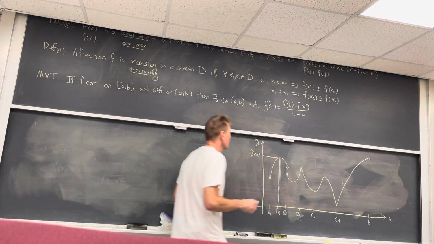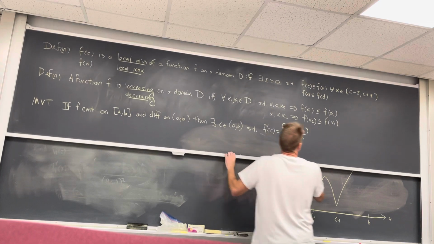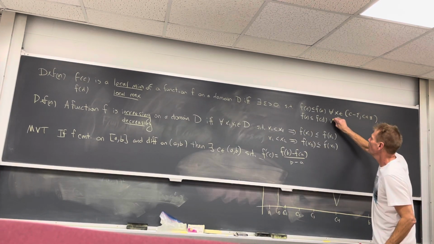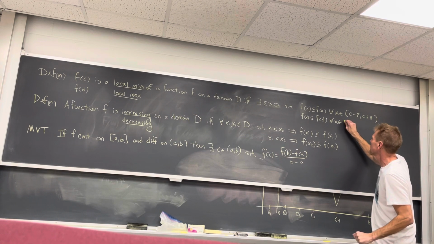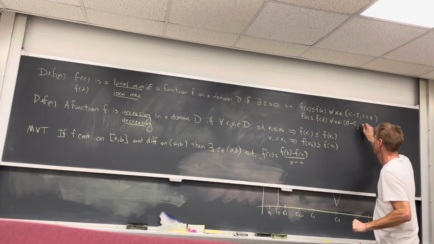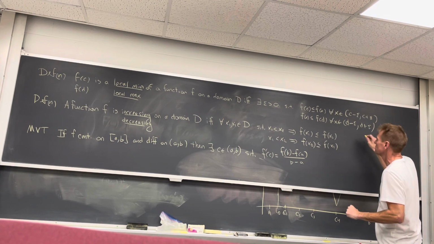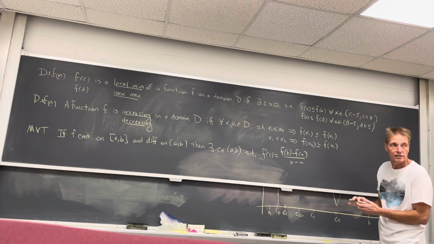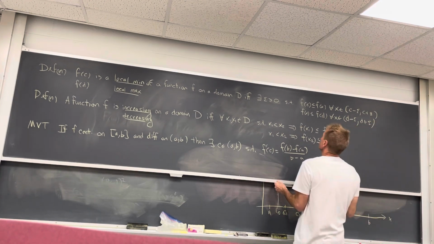There's going to be an epsilon so that for every x in the interval d minus epsilon to d plus epsilon, the range value f of x will be less than or equal to Chuck Treisler.